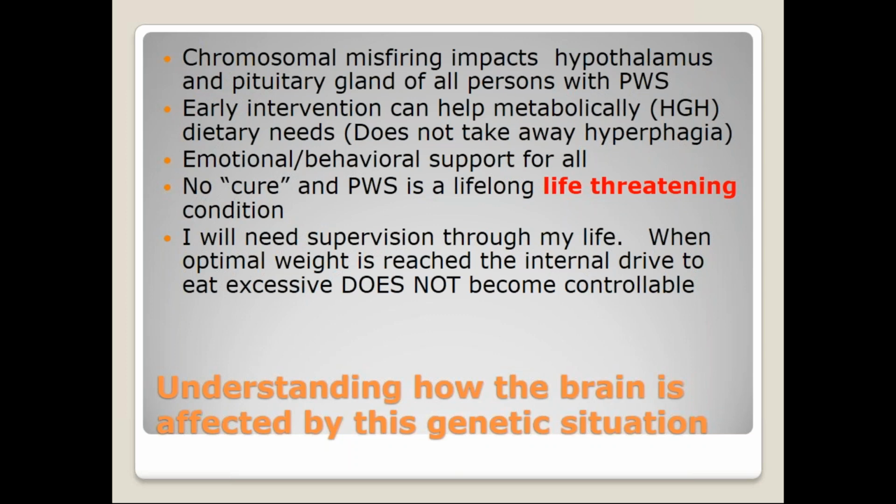However, if the situation would come where I'd have an extra $50 and I get a hold of food, I could kill myself simply by overeating. So therefore, it is lifelong, life-threatening. It's one of the few conditions that I have had to wrap my head around to understand that we will always need some form of supervision. Okay?